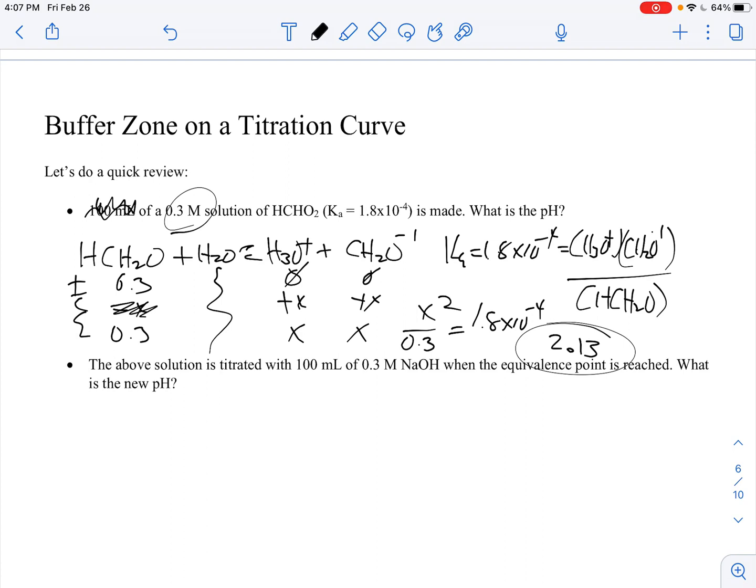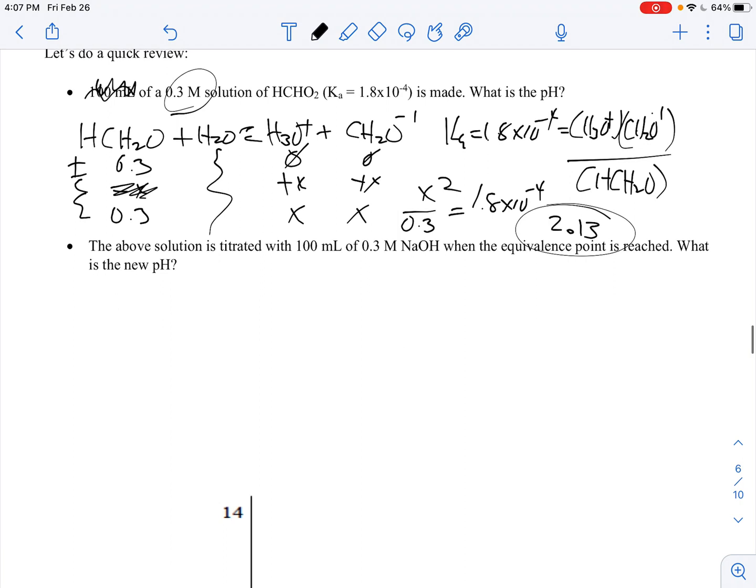All right. Now what we're going to do is take that 100 milliliters and titrate it with 100 milliliters of 0.3 molar sodium hydroxide until the equivalence point is reached. Okay, so this goes back to what we talked about in part 2 of my half of this unit, and now we're talking about equivalence points.